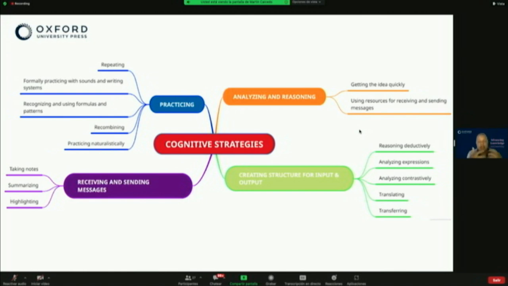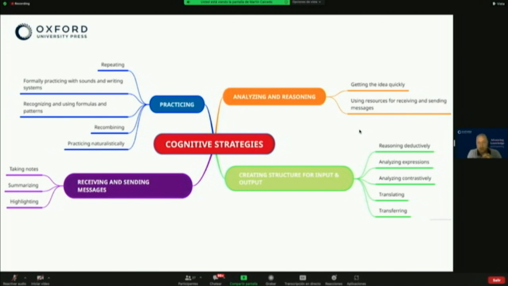Using resources for receiving and sending messages means that we are teaching our students how to look for ways to not only understand, but also send out information in written or spoken way. How to use elicitation, how to use circumlocutions, how to use paraphrasing. When we teach our students to use these strategies, being aware of what they are and how they can use them, it helps them to improve their language learning.